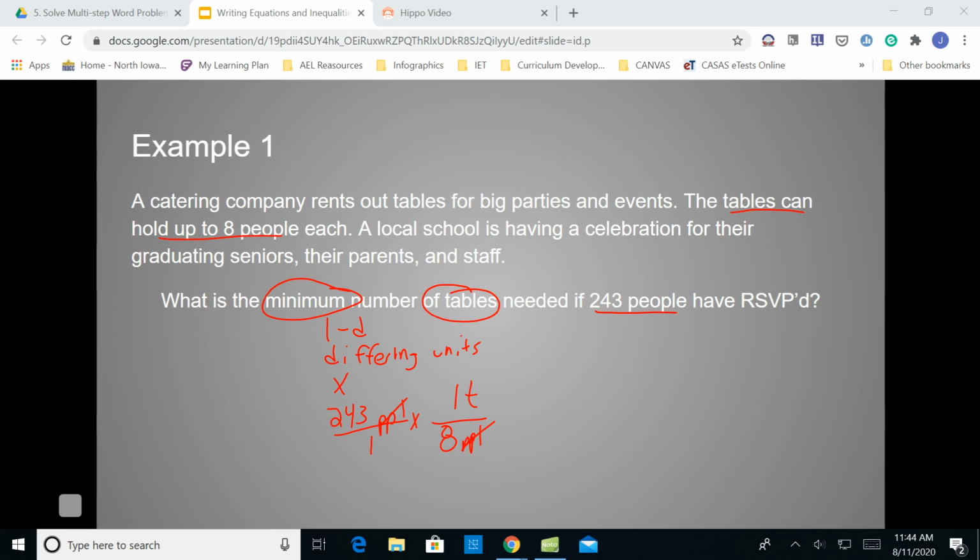We'll probably order more. And as that is the case for this problem, the number of tables has to be greater than or equal to whatever this minimum number is. We won't worry about solving these problems just yet, just setting them up and going through this thought process.